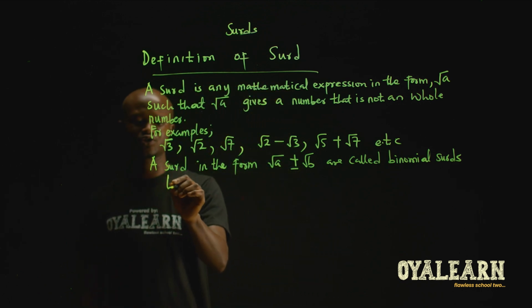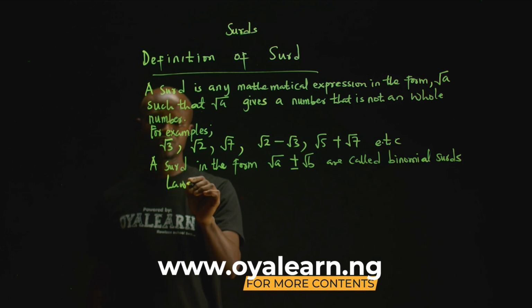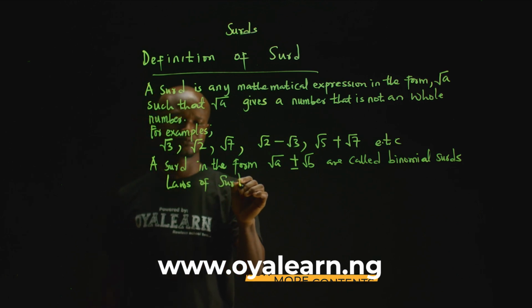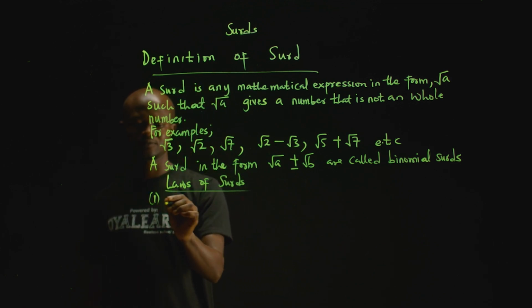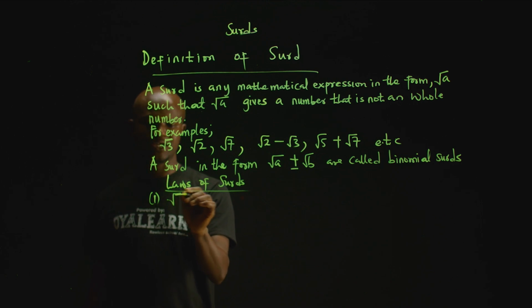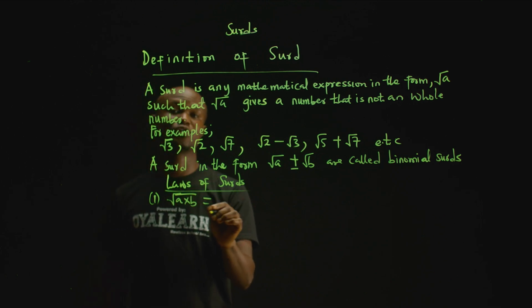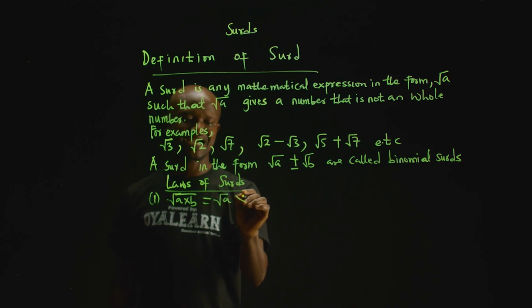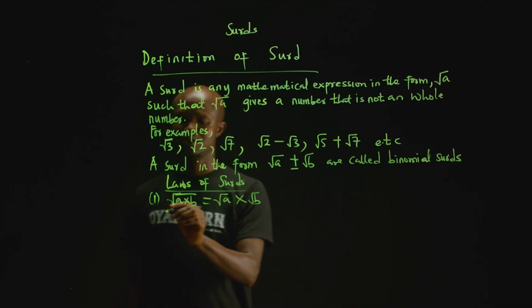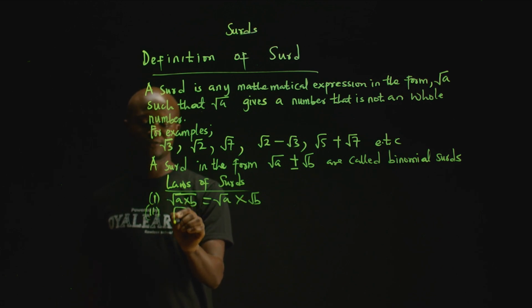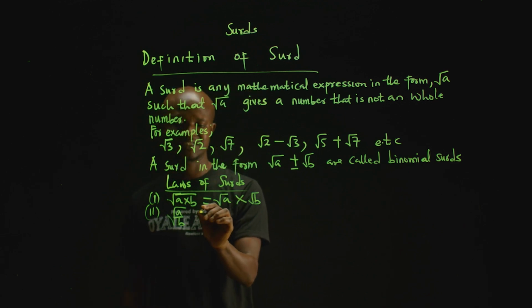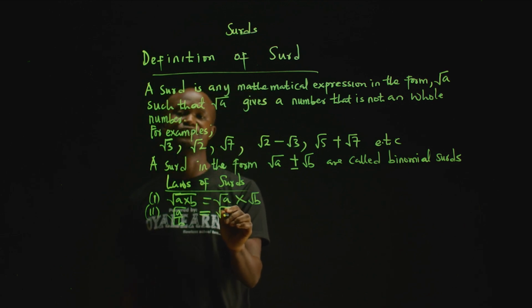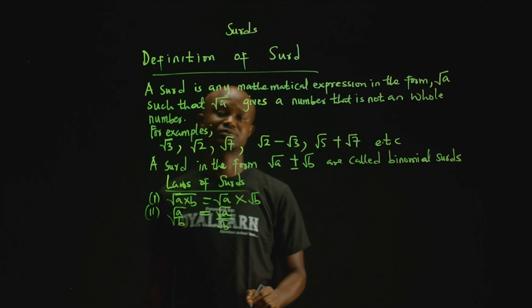Also, we have the laws of surds. Law 1: square root of a times b gives us square root of a times square root of b. Also, square root of a over b, when you have them inside the square root like this, is the same thing as having individual square roots: the numerator, then the denominator.